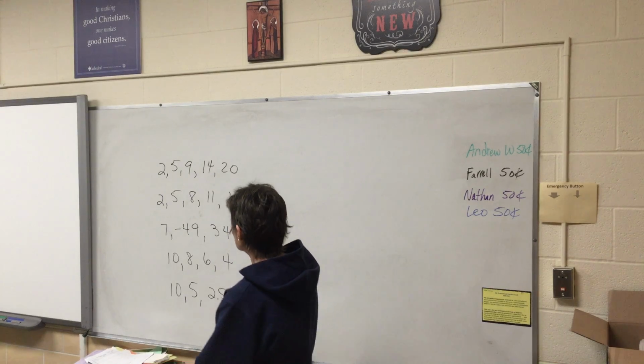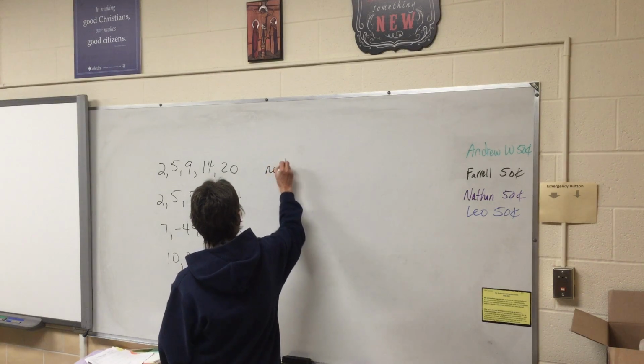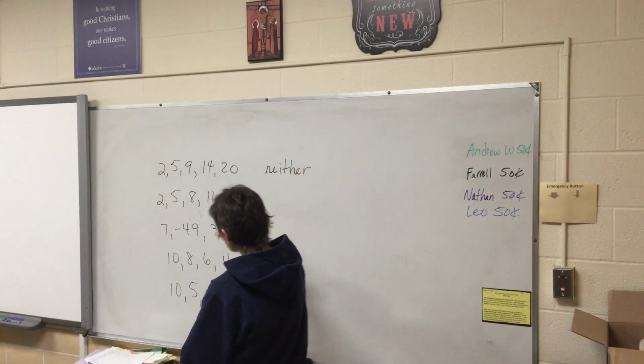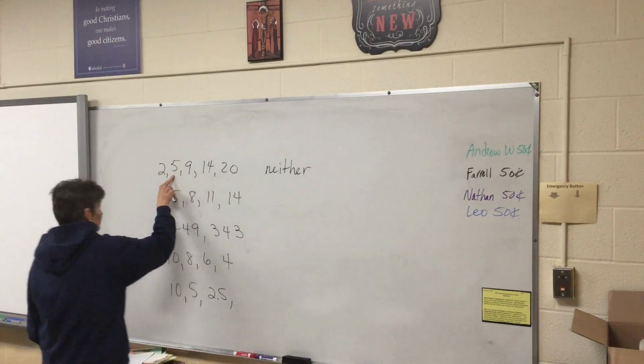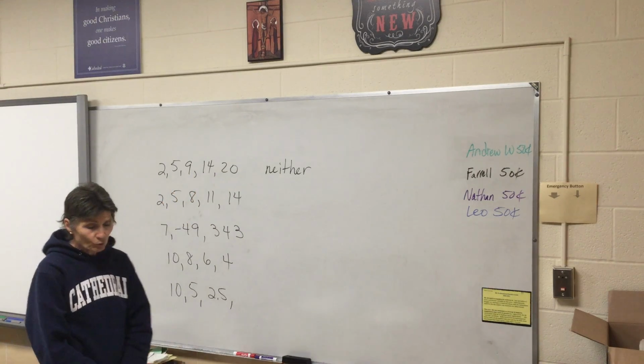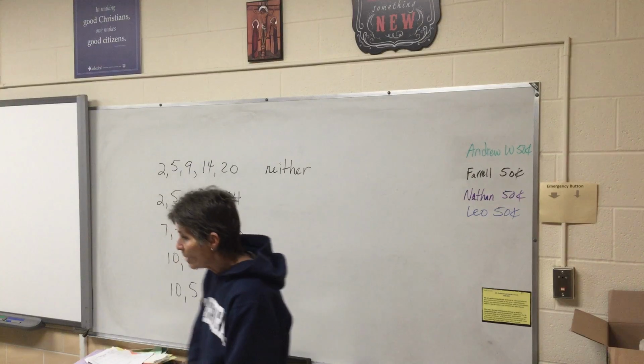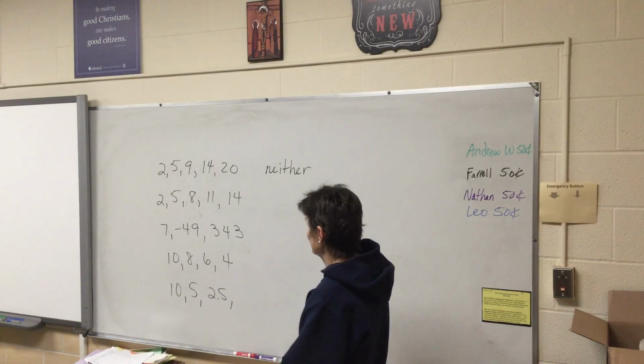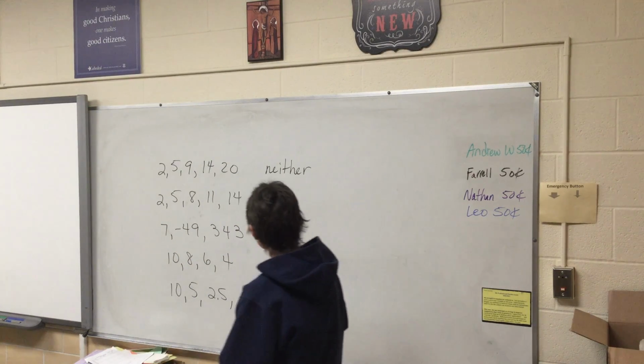It is absolutely neither, thank you. It is neither. Because to get from here to here, we're adding 3, but then we add 4 and 5 and 6. So remember, if you're going to be arithmetic, you have to be adding the same thing. And we're not. Okay, neither.